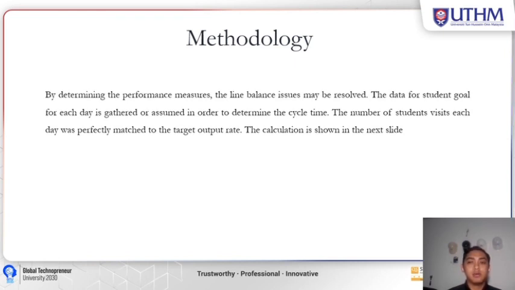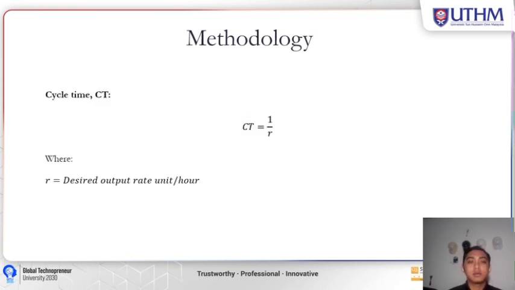The data for the student goal for each day is gathered or assumed in order to determine the cycle time. The number of student visits each day was matched to the target output rate. So the calculation is shown in the next slide.